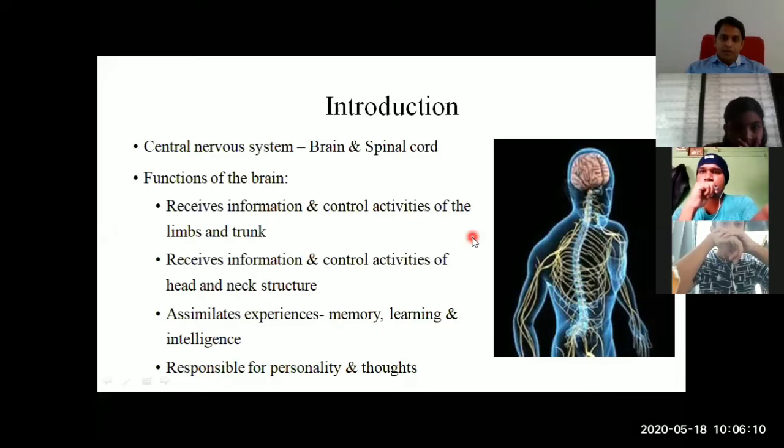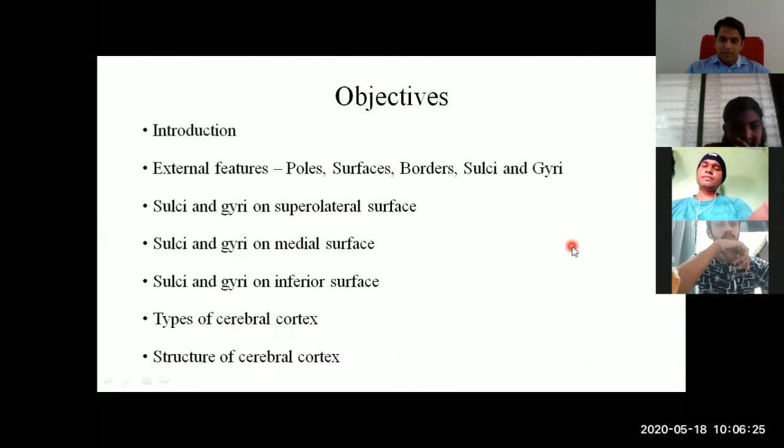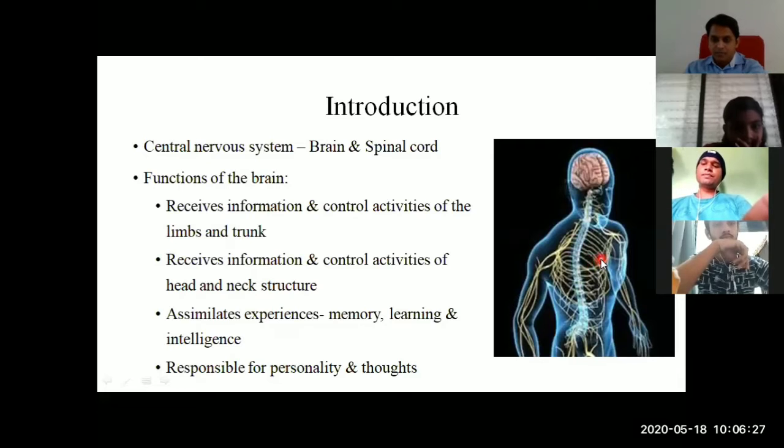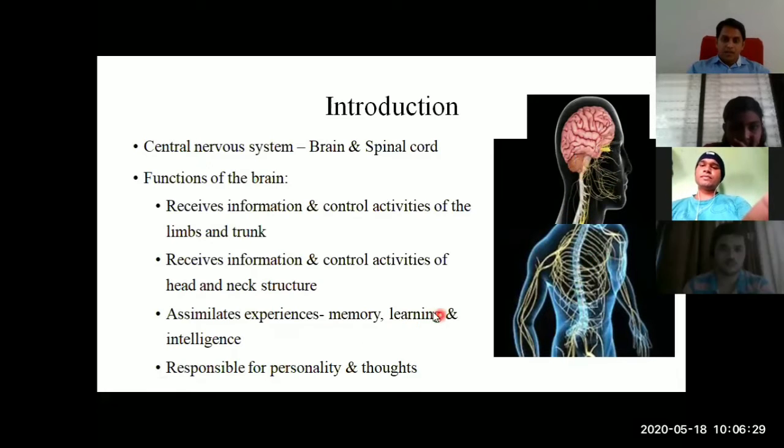The lower vertebrates actually have all these functions, but humans have additional functions. It helps in assimilating experience, through which it will utilize memory, and helps in learning and intelligence.